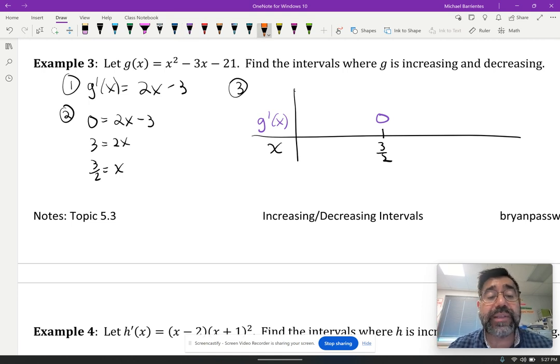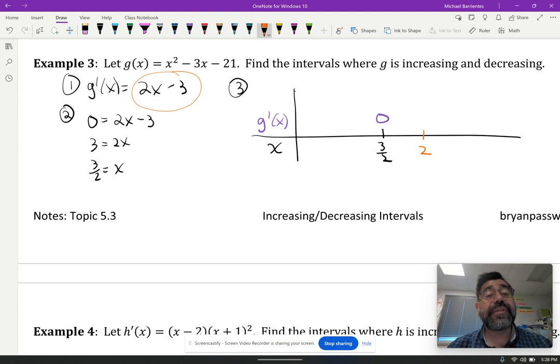So I'm going to pick a point bigger than 3 halves, like 2. But I could have picked any number, right? I could have picked 3, I could have picked 1.9, I could have picked 100. And I'm going to plug any number that's to the right of 3 halves into my derivative equation. I'm not really concerned with what the answer is. I'm concerned whether my answer is positive or negative. Because remember, if the derivative is negative, my function is decreasing.